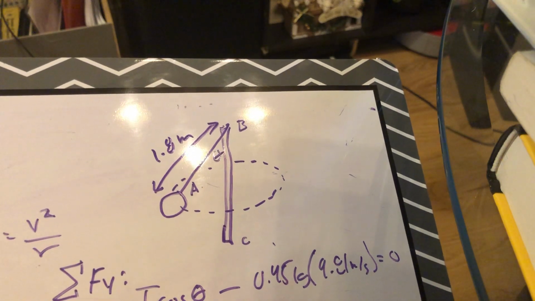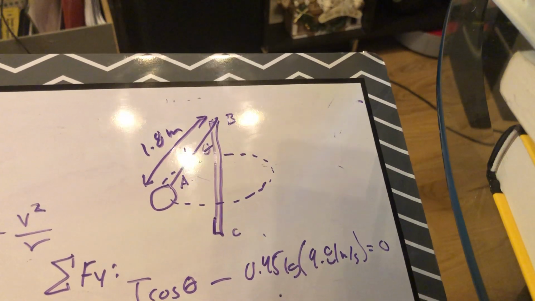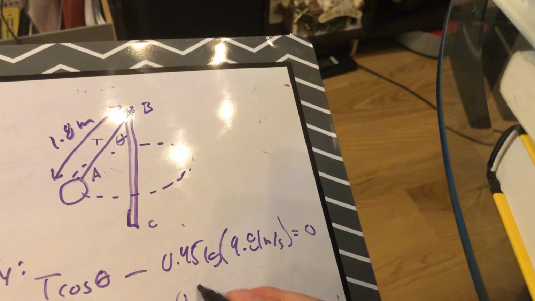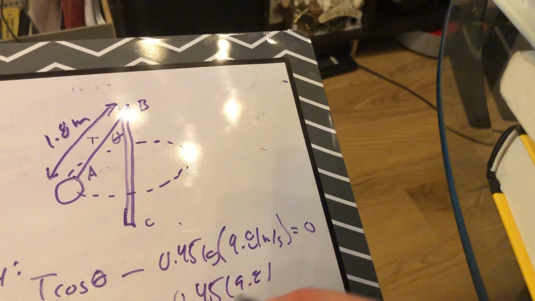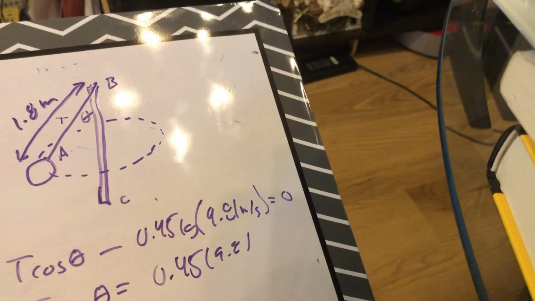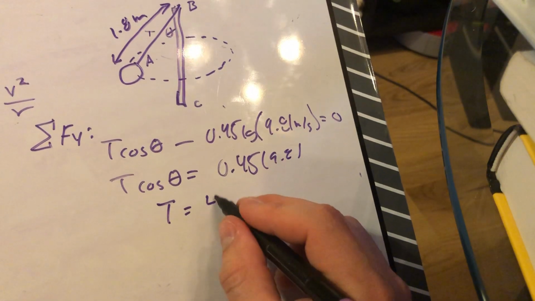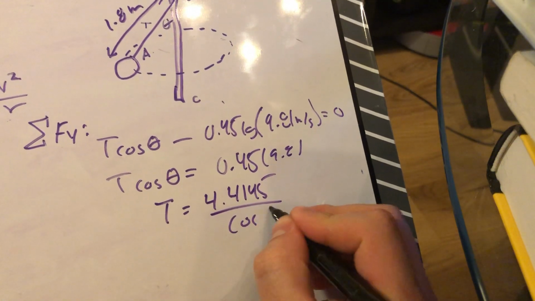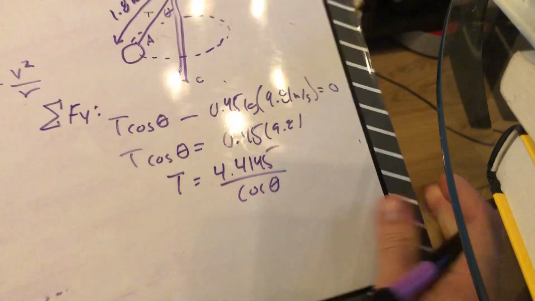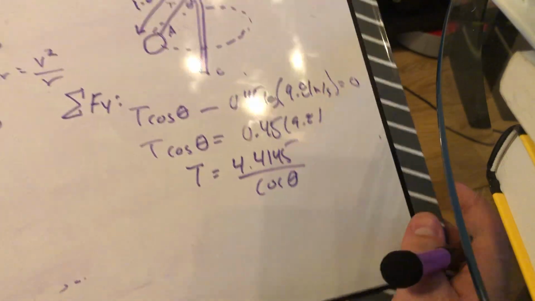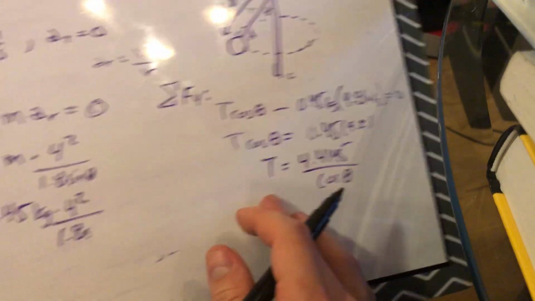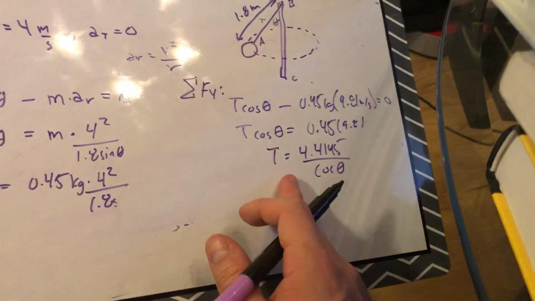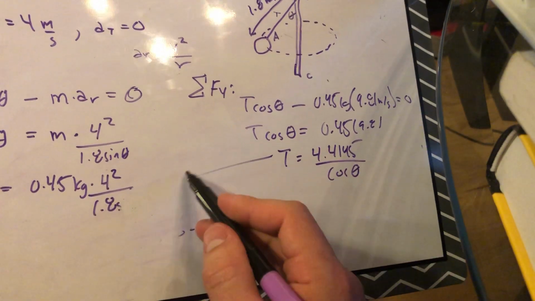We have T cosine theta equal to 0.45 times 9.81. So tension ends up being equal to 4.4145 over cos theta. So now we are going to take this equation and sub it into this equation, because here we have two equations, two unknowns, fantastic.